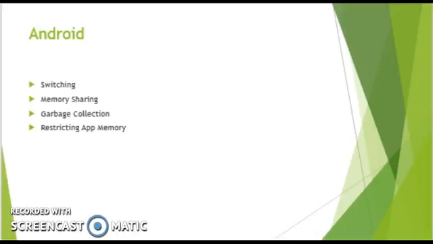Memory sharing. In order to fit everything in the RAM, Android tries to share RAM pages across processes. It can do so in the following ways. Each app process is forked from an existing process called Zygote.